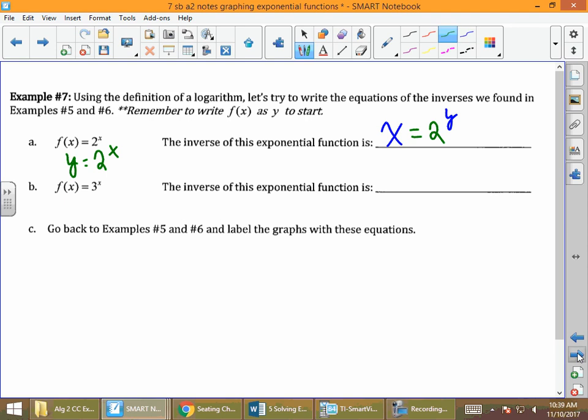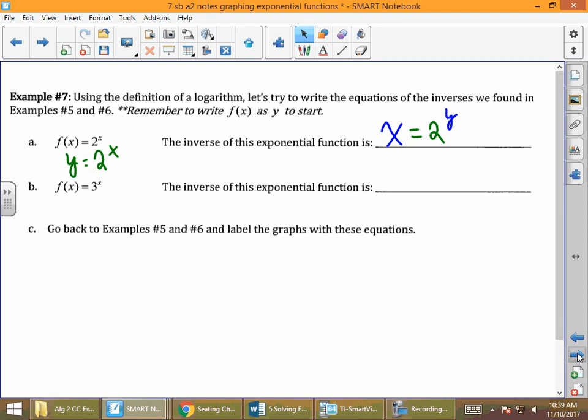And then I'm getting a little bit ahead of myself, but I think it might be easier for you to understand if I say it anyway. A logarithm is another way to write an exponential. So whatever a logarithm equals is the exponent.